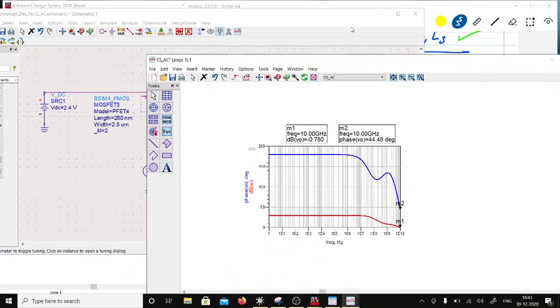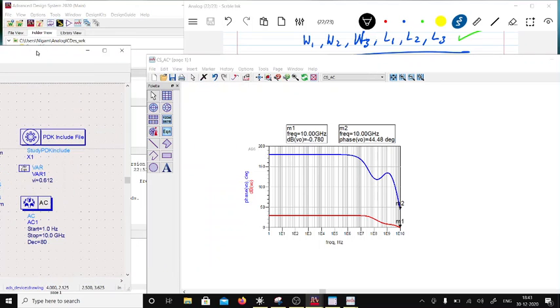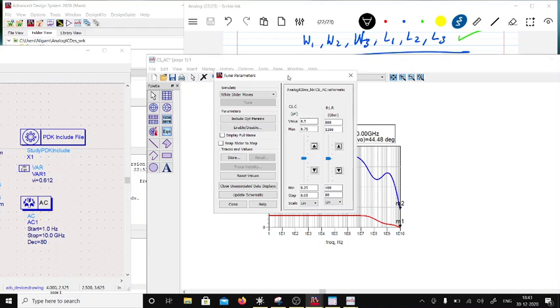So you see what happened over here? I am talking about tuning these. Okay, so where is my tuner? Here's my tuner.